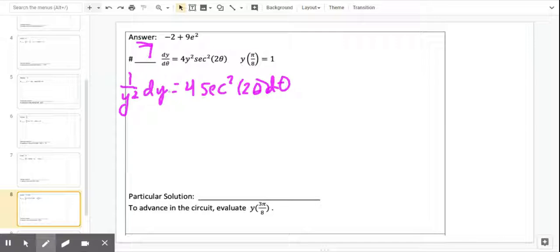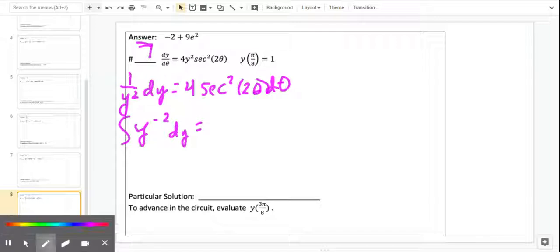So then I want to integrate, and when I do that, I'm going to write this as y to the -2nd, so I can do the power rule. It's not a natural log because this is not to the first power, it's to the second power, which means I can use the power rule. So over here, I'm going to want to use substitution because we have something inside the trig function that's more than just theta.